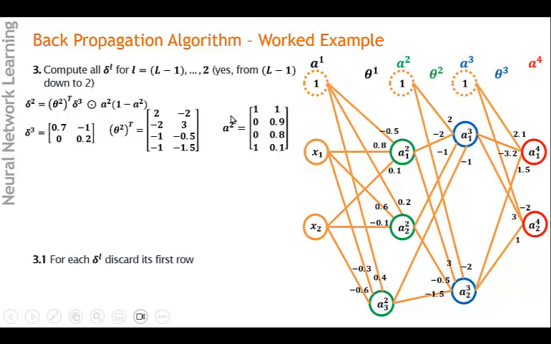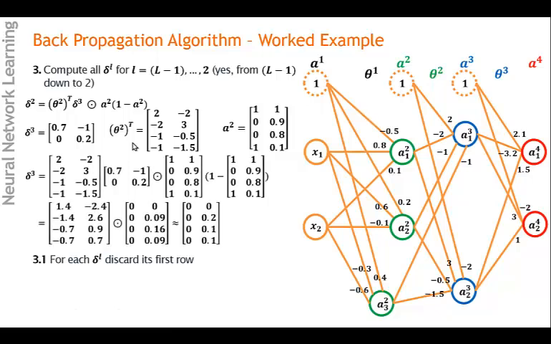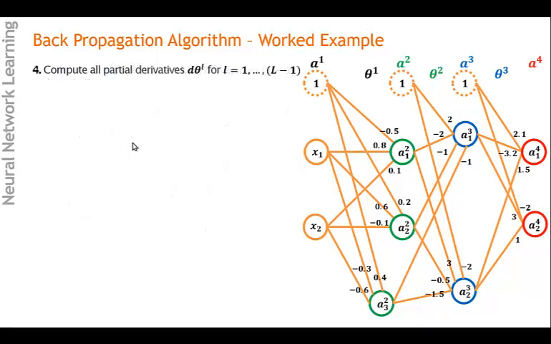So four values of A. In fact, the first row is always going to be 1s. And then these are your weights transposed. So you can do this times this previously computed delta 3. And with element by element multiplication, you get this result. And then you discard the first row, you get this.